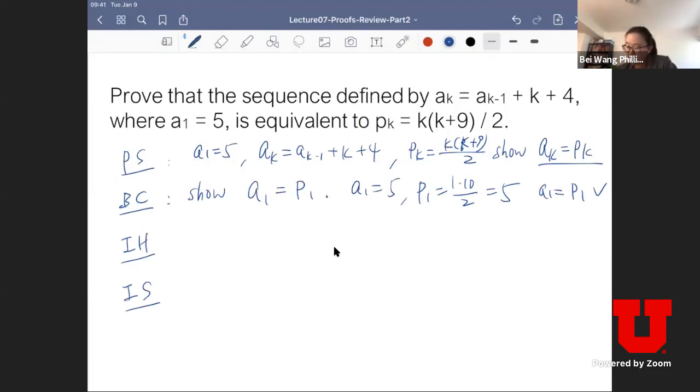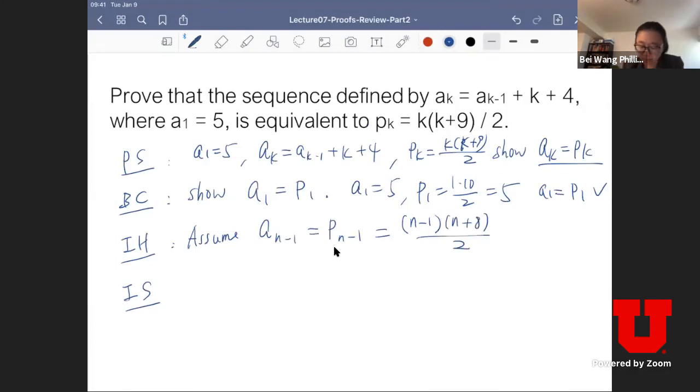Now, the induction hypothesis is we want to assume that the statement is true for n minus 1. So I want to show An minus 1 is equal to Pn minus 1. What is Pn minus 1? Pn minus 1 is n minus 1 times n minus 1 plus 9, which is n plus 8, over 2. Of course, I have simplified a few steps.